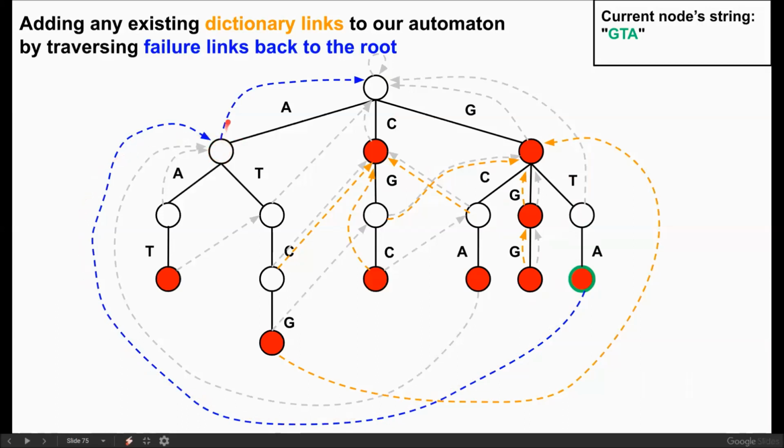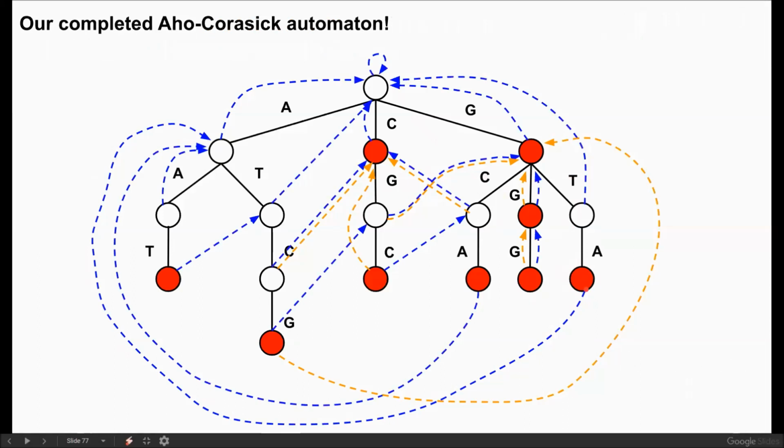Let's traverse its failure link, and we're back at the root, and we didn't hit a word node, so that means that this node does not have a dictionary link coming out of it. Okay, so great. Now we have fully constructed our automaton. We've added all of the failure links and the dictionary links that exist in it.